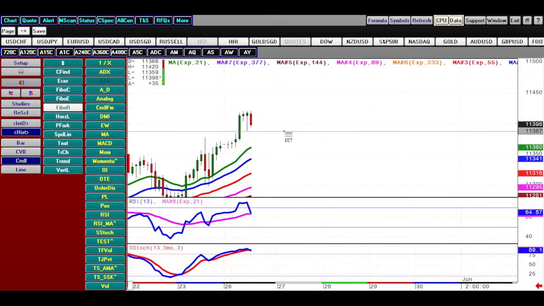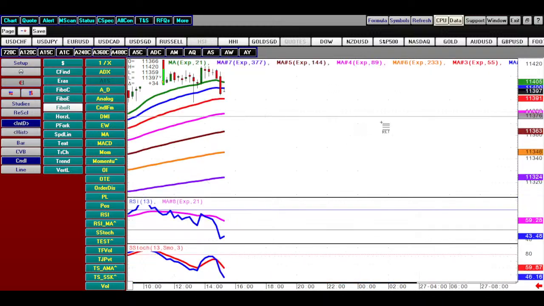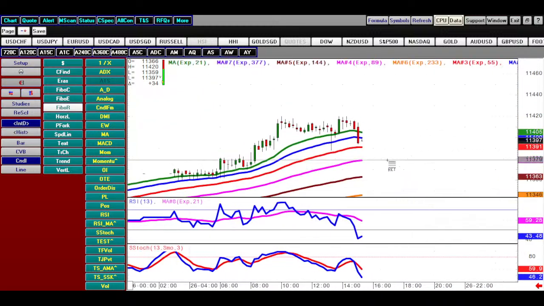So here we sell at 114. Okay, we'll try to sell at 114 and 114.15.